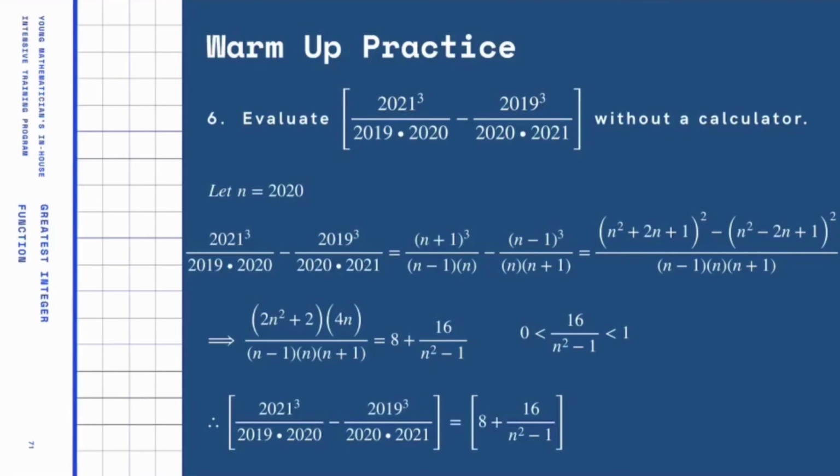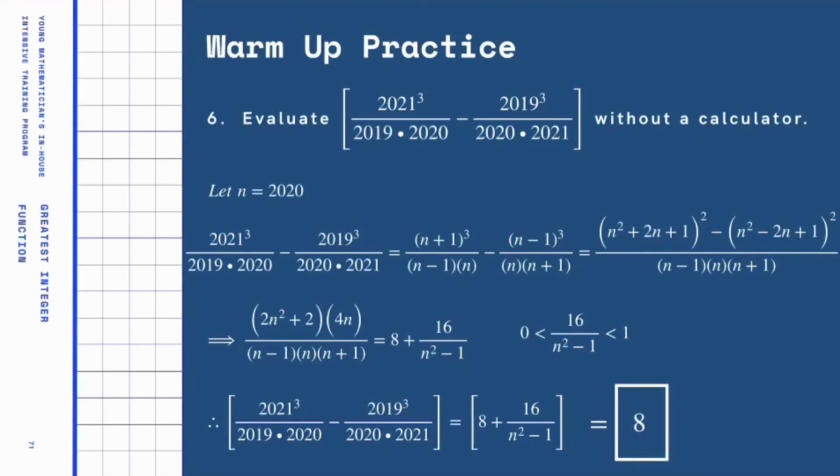But again, 16 over n squared minus 1 is a fractional part, between 0 and 1. So therefore, the greatest integer function of this is equal to 8. And that is our answer.